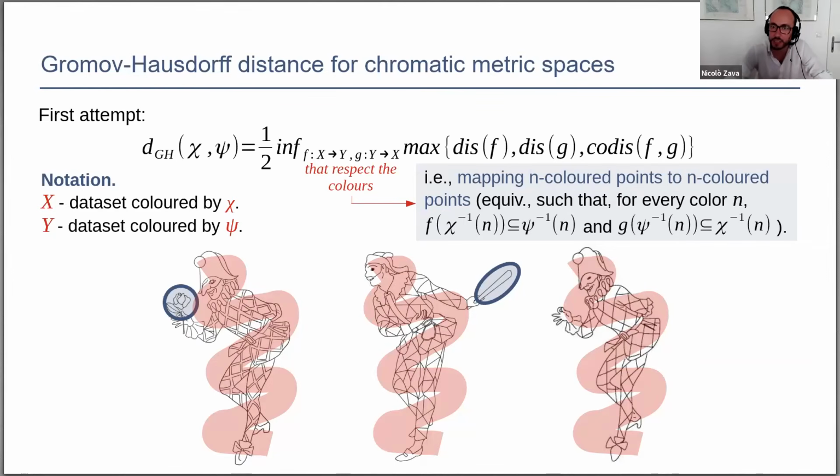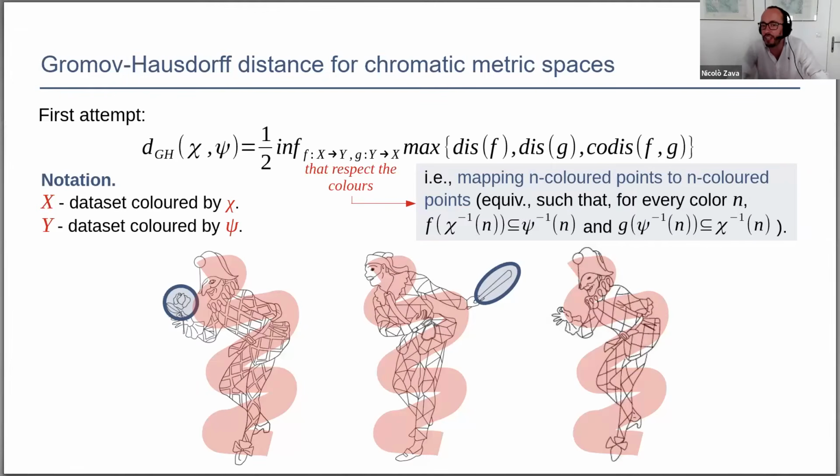However, if you do this, there is no map going from the middle figure to the third figure, because the third figure doesn't have blue points. So you are in a situation where the blue points are additional features that, if they are in a shape, you may want to preserve them.